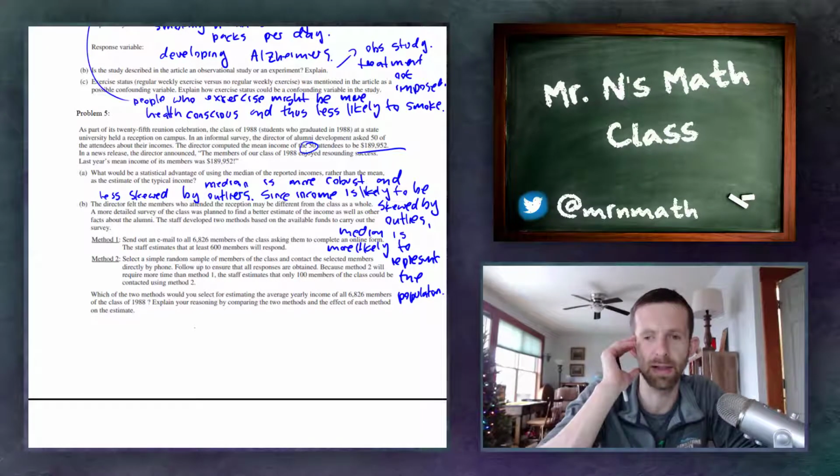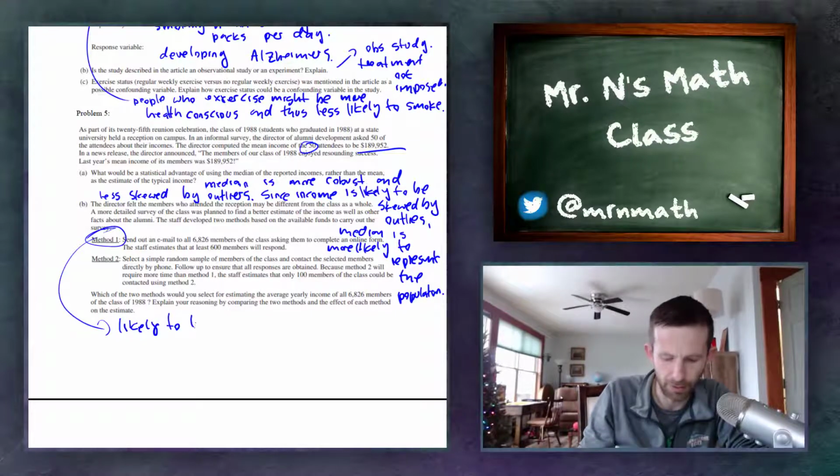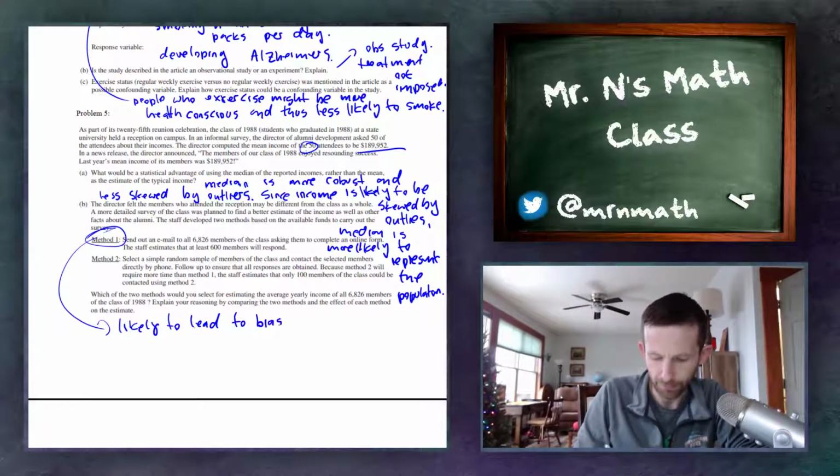Which of the 2 methods selected for estimating the average yearly income of the members is better? You want to compare the 2 methods and the effects of each method on the estimate. So method number 1 is likely to lead to bias.